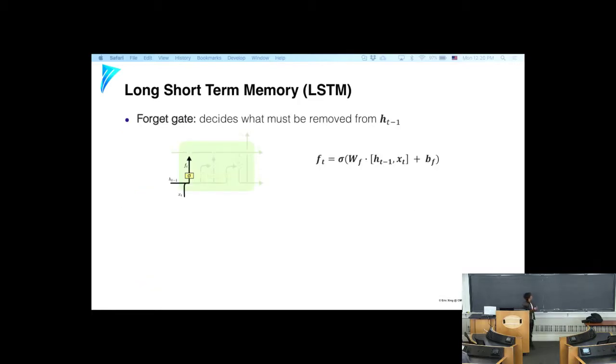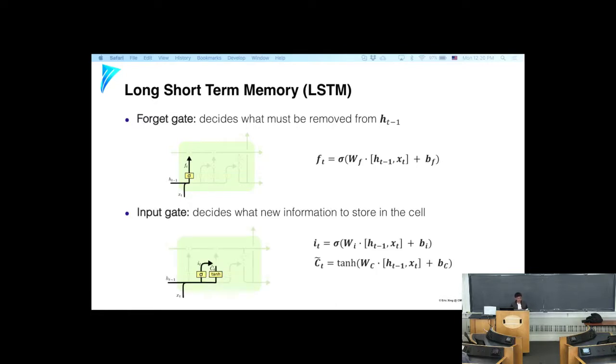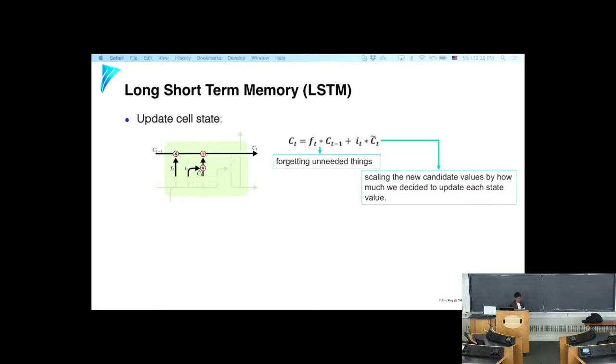More specifically, the forget gate is used to decide what must be removed from the hidden state of the last step, and the input gates decide what new information should be stored in the cell. We can see this will depend on the hidden state of the last step and also the current input. With these two gates, we can update the cell state with this function.